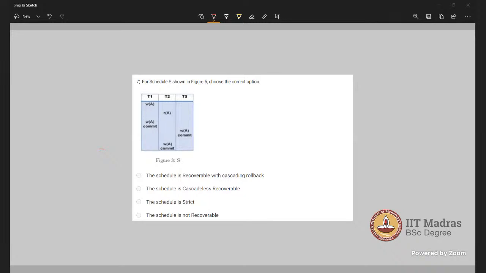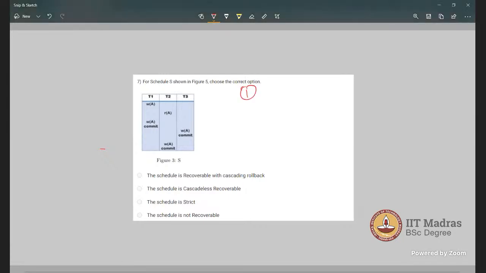Hello. Am I audible, sir? Yeah, now you are audible. This is the question, right? Yes, sir. Here you can see, can you tell me what is a recoverable schedule? Recoverable means after the failure, we can go back to the previous state when we started the transaction.